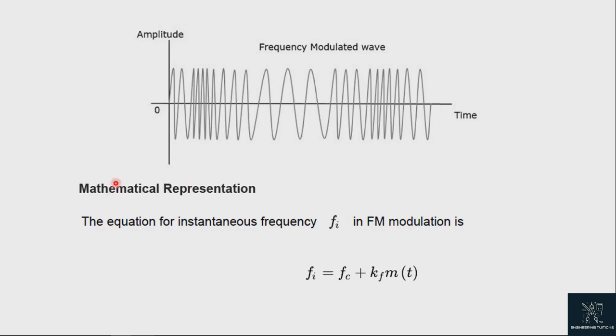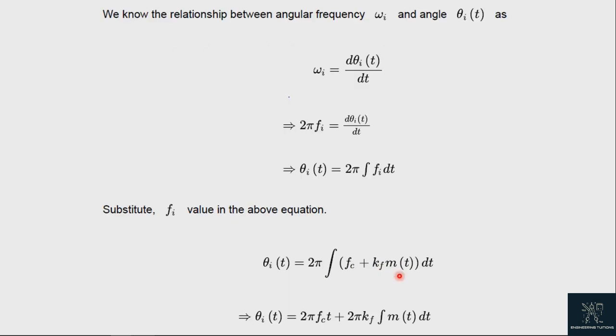Now the mathematical representation. The equation for instantaneous frequency fi in FM modulation is fi = fc + kf m(t), where fc is the carrier frequency, kf is the frequency sensitivity and m(t) is the message signal.